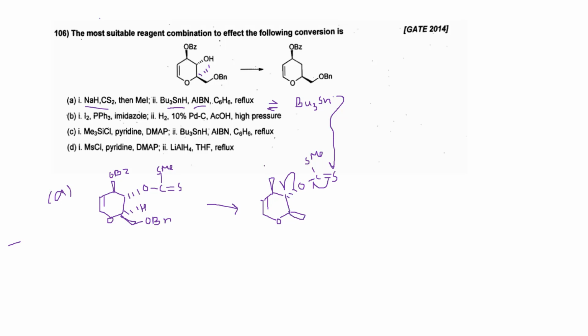I am not writing the AIBN. Okay. So there will be a radical generated. Now this radical will take a proton from another molecule of Bu3SnH.